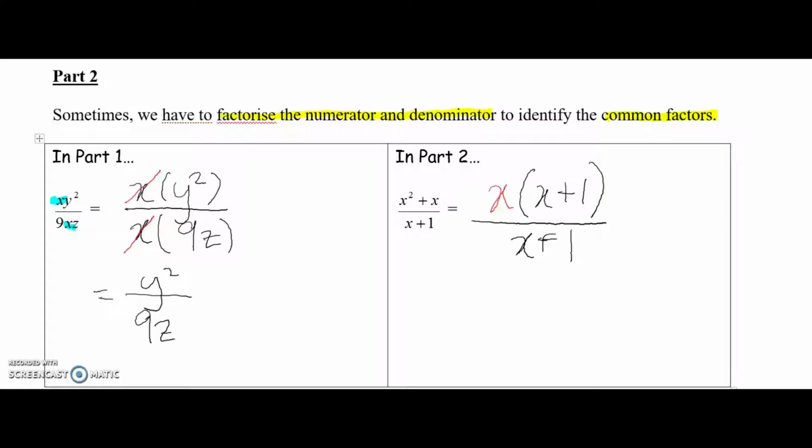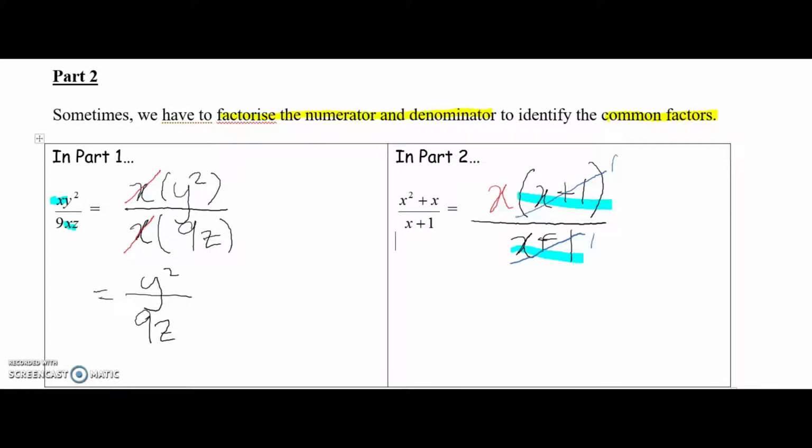Now, let us compare the numerator and denominator. We realize that it has a common factor of x plus 1, and we can divide it by each other. So therefore, x plus 1 divided by x plus 1 will give us 1. For the denominator, x plus 1 divided by x plus 1 will also give us 1.